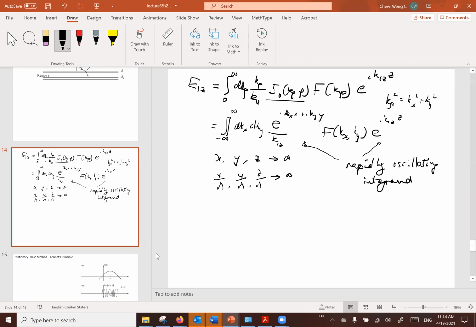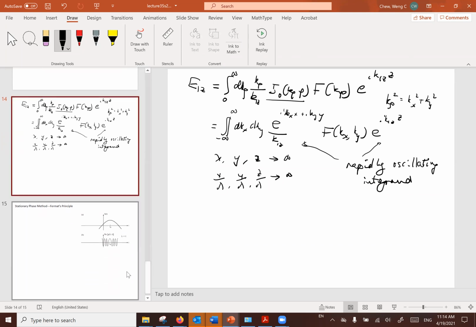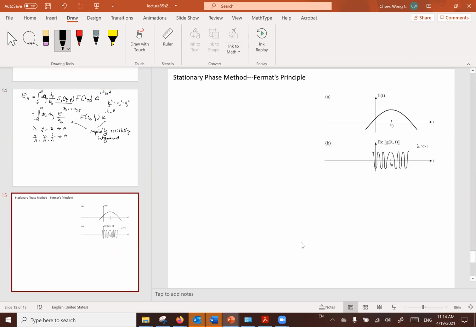Then, as I said before, the integrand is going to be rapidly varying. If I were to look at the integrand, it will look something like this. Say I look at this function, let me call it g of kx, ky, lambda.